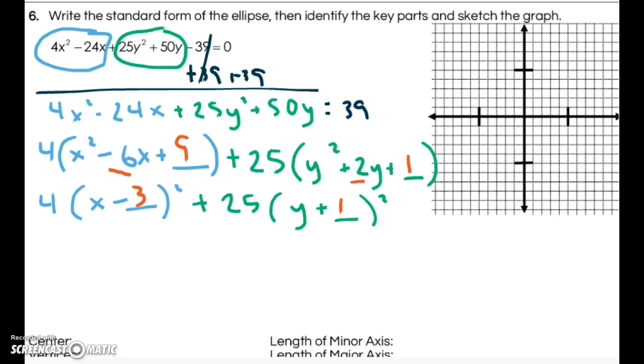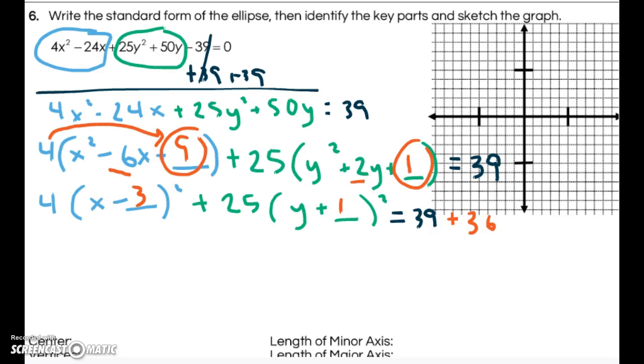Now, here's something that gets a little trickier. Originally, this equation was equal to 39. Sorry, graph paper, running over. And I need to add what I added on the left side of the equal sign. But what's tricky is it looks like I added 9, but I actually added 4 times 9, which is 36.